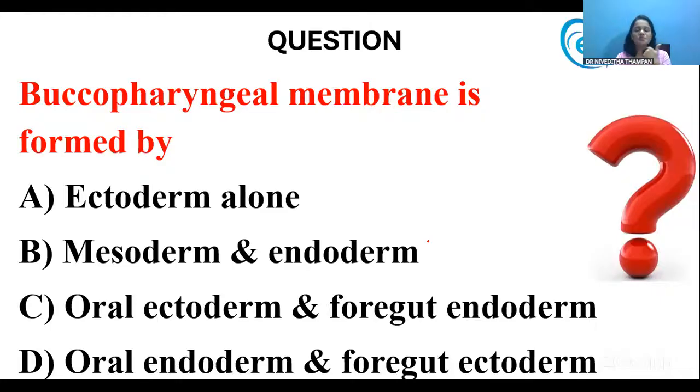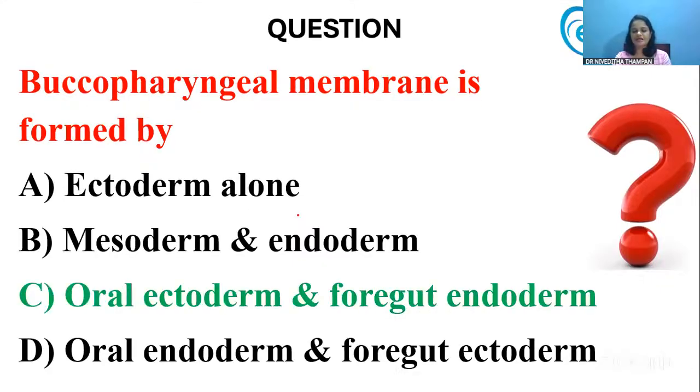Oral ectoderm is the lining of the stomatodeum, the lining of the primary oral cavity, and the underlying structure is the endoderm, the future foregut. So it is option C, oral ectoderm and foregut endoderm. That is the correct answer.